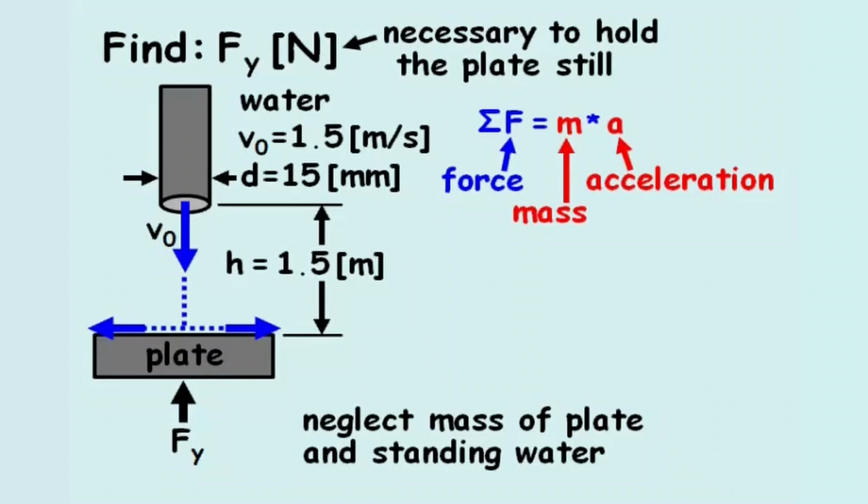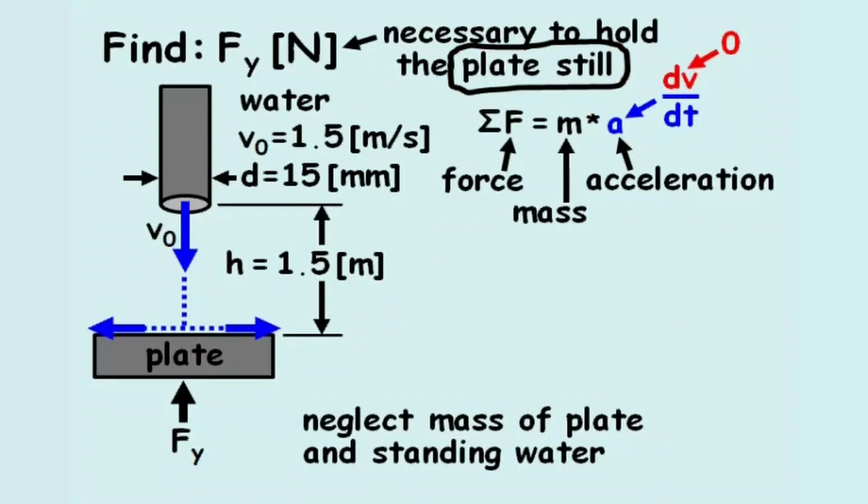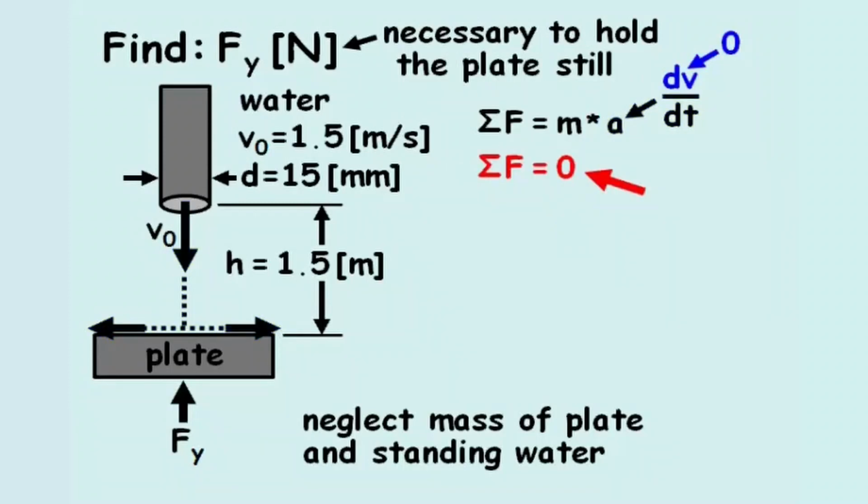And acceleration is defined as the change in velocity over the change in time. Since we're interested in finding the force when the plate is still, this means the velocity is constant, which makes dv equal to 0, and which also makes the entire right-hand side of the equation equal to 0.